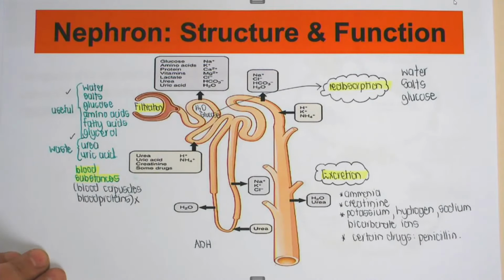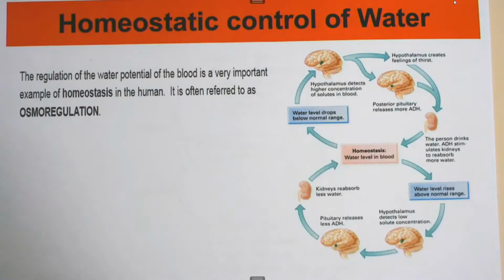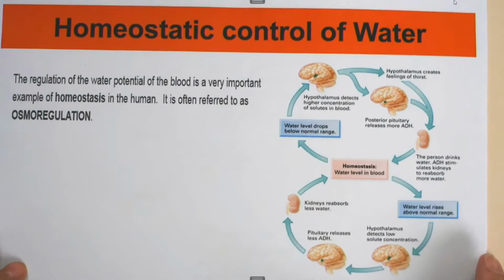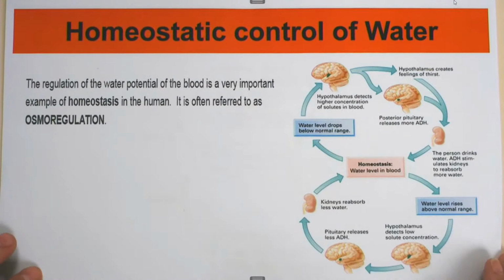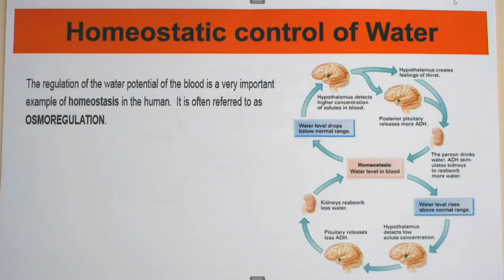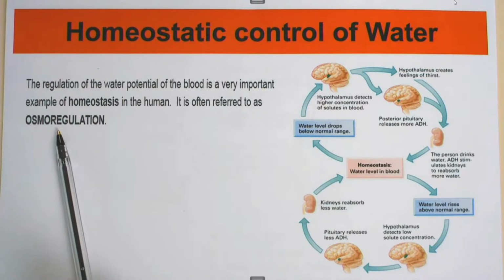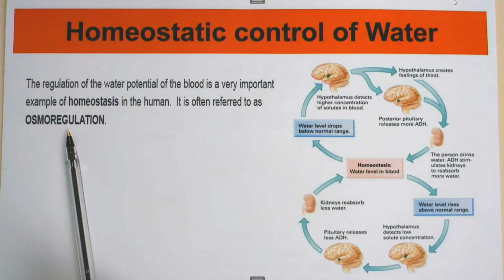All right, structure and function. Now again, here you see that difficult thing. Homeostatic control of water. NB for grade 12. So I think your teachers are going to ask this in grade 11 as well. What is this? Osmoregulation. Osmoregulation is the regulation of the water potential of the blood.